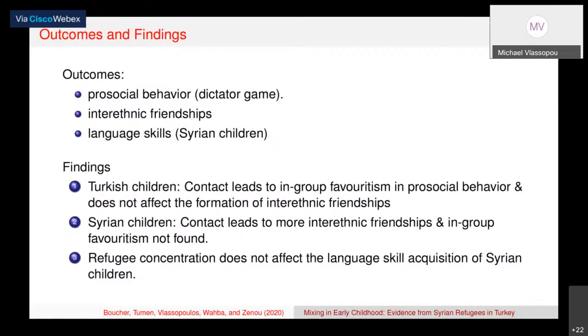So we don't find that Syrian children discriminate in their giving in the dictator game on the basis of ethnicity. And finally, in terms of language skills, we find across the board essentially improvement in language skills that doesn't seem to be a function of the refugee concentration in one's group.